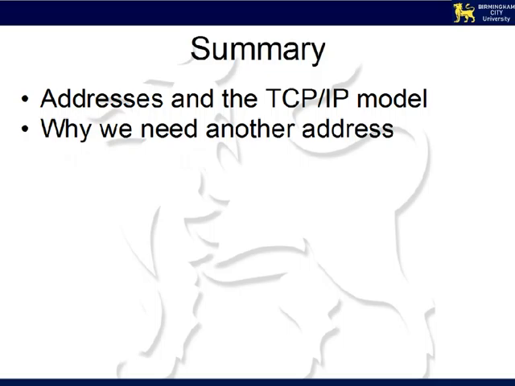Once we'd outlined the different addresses that are available at each layer, we then summarized how these are used to allow end-to-end data communication across a wide area network. Once we understood the need for network addressing in this picture of data communications, we looked briefly at the differences between IP version 4 and IP version 6 and summarized why IP version 4 is still commonly used, even though it has a number of disadvantages over IP version 6.